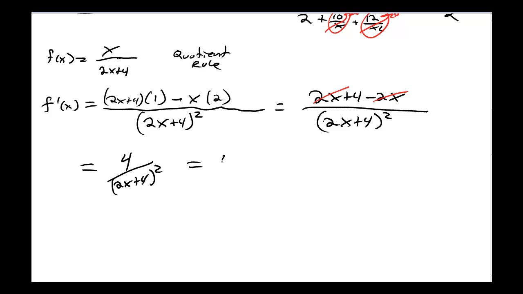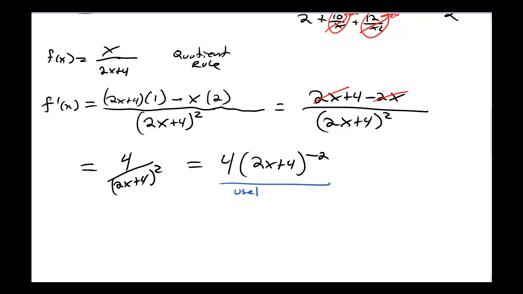I can convert this into a slightly different format, 4 times 2x plus 4 to the negative 2, by pulling that 2 up from the denominator. And this will be the form that I'm going to use for my second derivative.